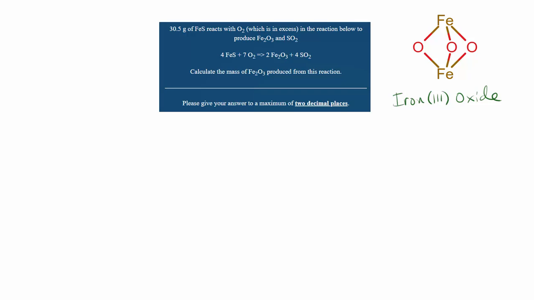Okay, so where I'm going to start is, let's take a little bit of time to work slightly backwards from the start of this. Starting from the perspective of iron oxide, we know that the mass is going to be equal to the moles multiplied by the molar mass, right?